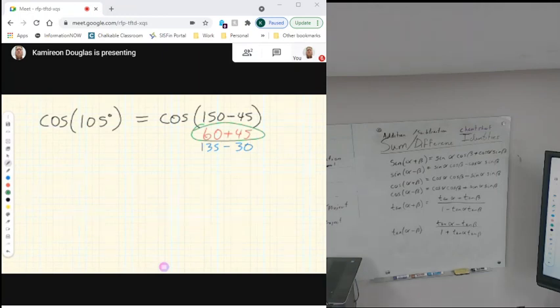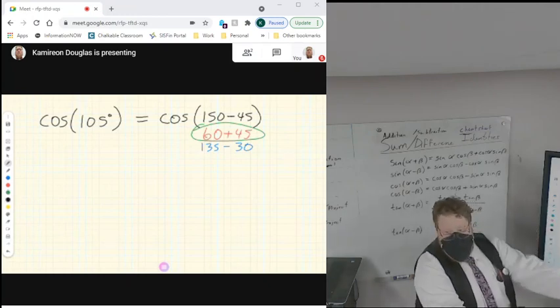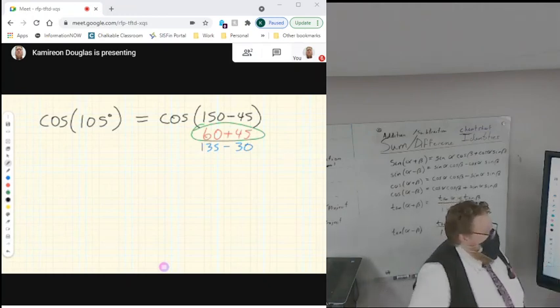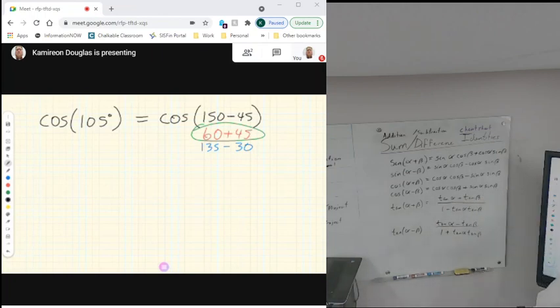If we're going to do 60 plus 45, as suggested by Scott and verified by Luis, let's do it. Cosine of 105. How do I do it? I'm going to do cosine of 60 plus 45. The sum formula for cosine says we do cosine of my alpha, which I'm going to leave blank, times cosine of my beta, minus sine of my alpha, sine of my beta.